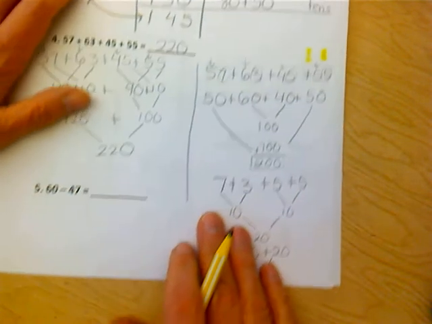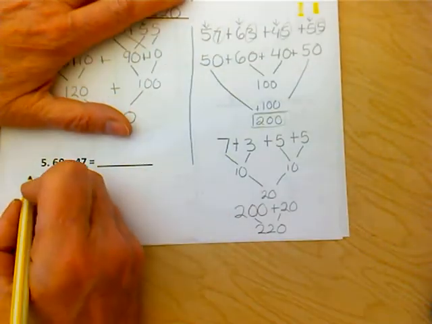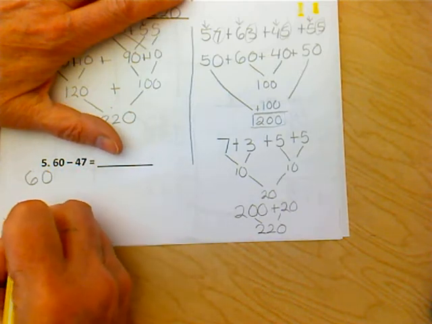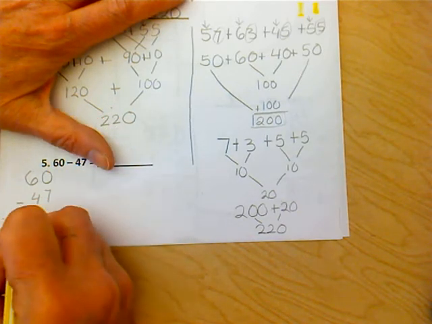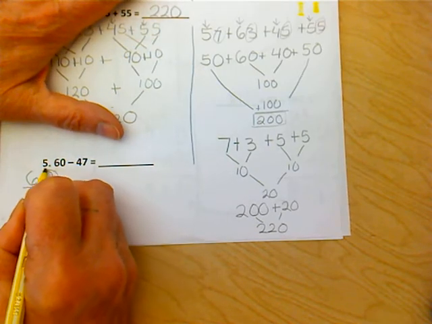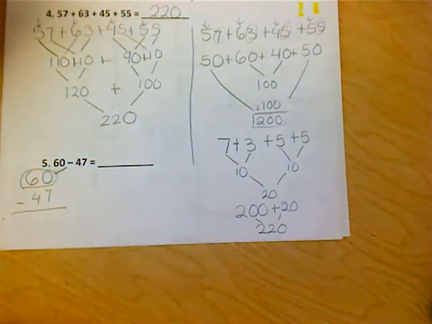All right, let's take a look then at problem number 5. Problem number 5 is 60 take away 47. I don't have very much space to work. I am going to solve this the decompose a 10 way because I like that way.